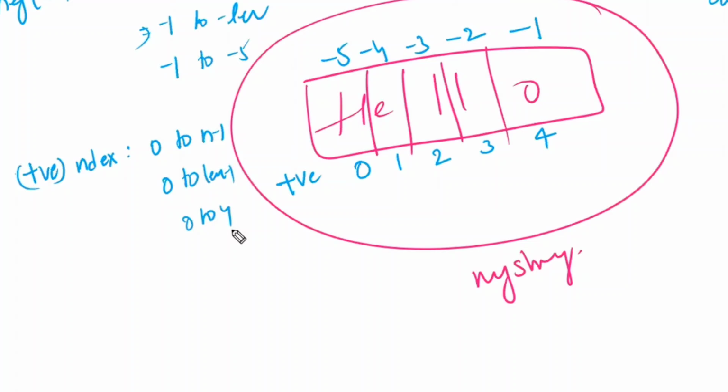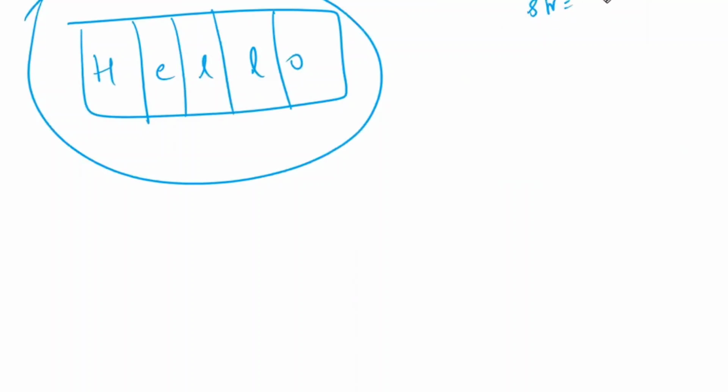Right? So here, this is my string. Once again, I'm drawing H, E, L, L, O. For example, let us take string is equal to data space science. Now what happens?